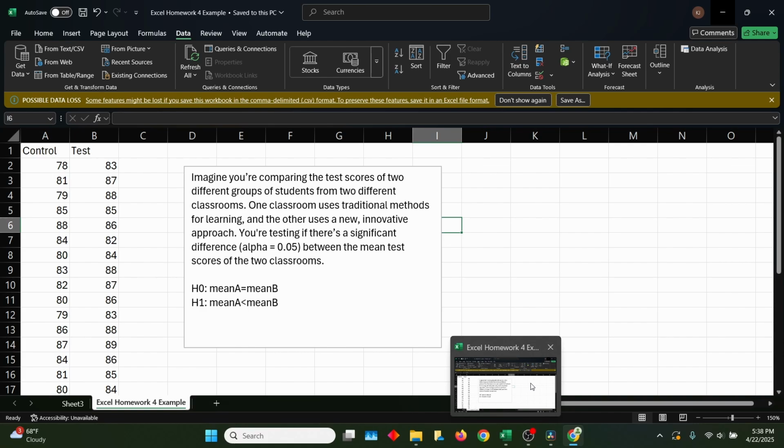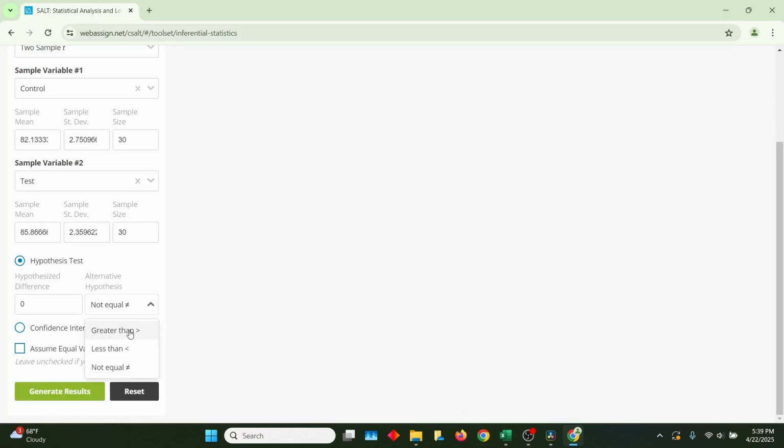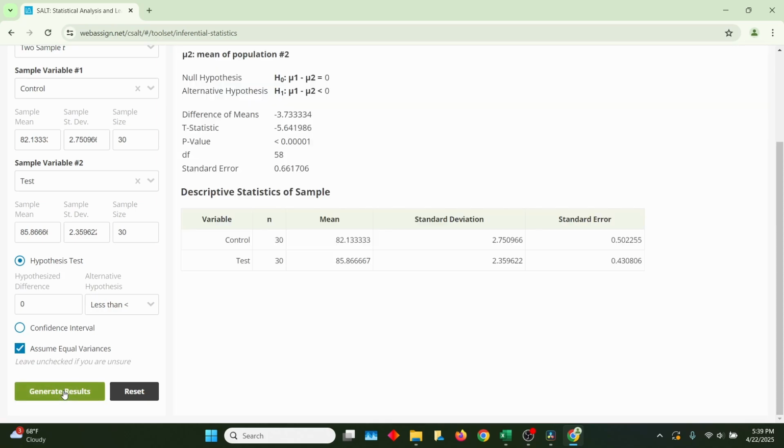So whatever direction your inequality sign is for your alternative hypothesis, with your first group listed first, that's the direction that you'll need to select in SALT. So that will be a less than for us. And we are going to go ahead and assume equal variances and generate the results.